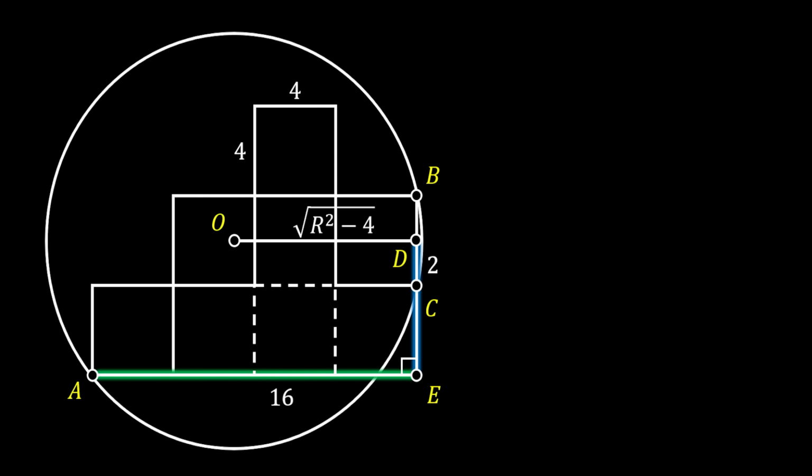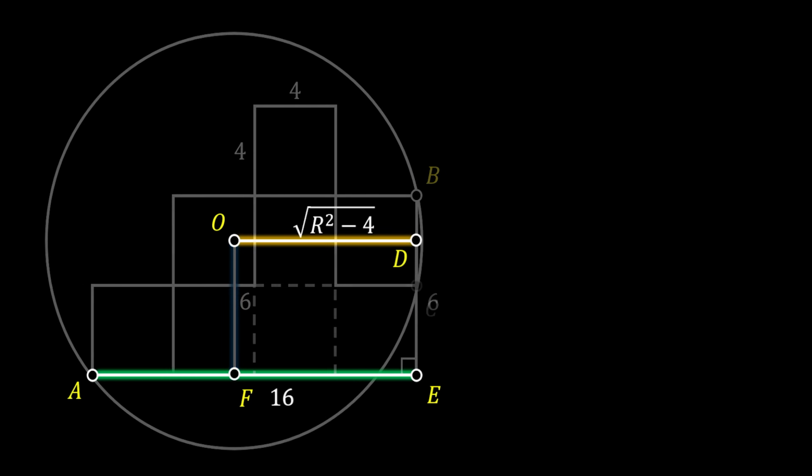Furthermore, we can notice that the line CE is actually the side of the square, so it must have the length of 4. This means that the line DE will have the total length of 2 plus 4, which is equal to 6. Now we will slide the line DE to the left up until the center of our circle O, and we will label the intersection of this new line with the line AE as F.